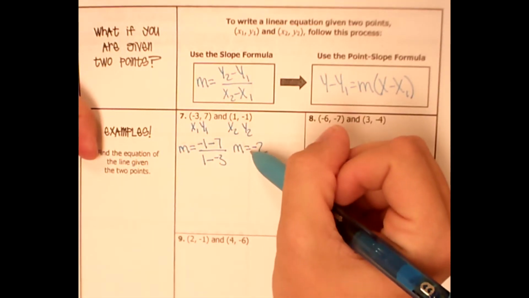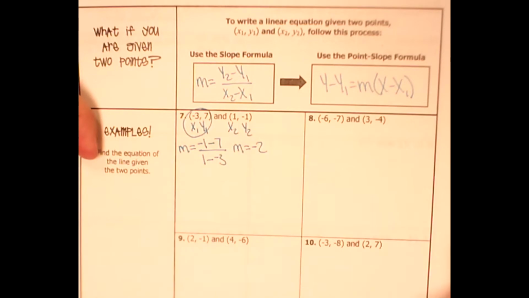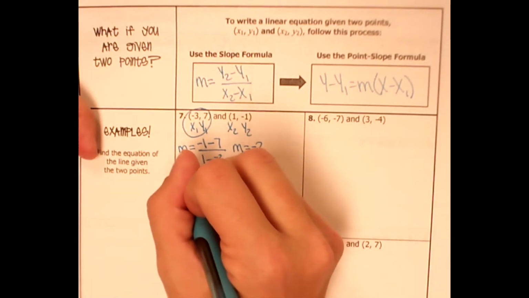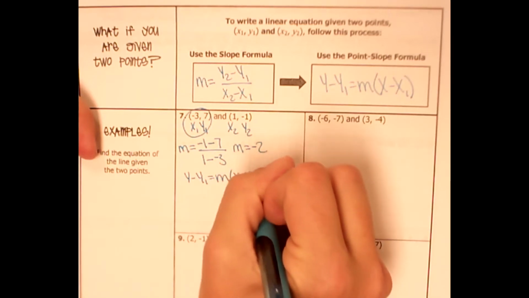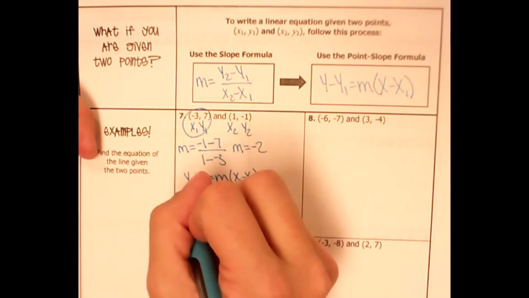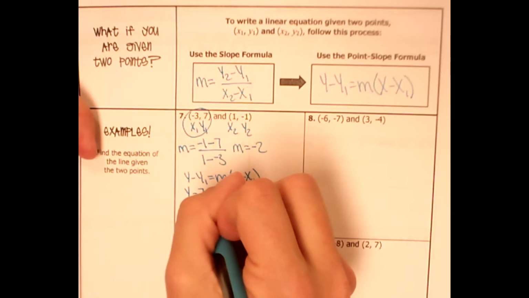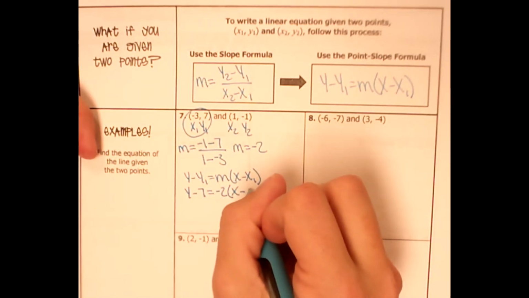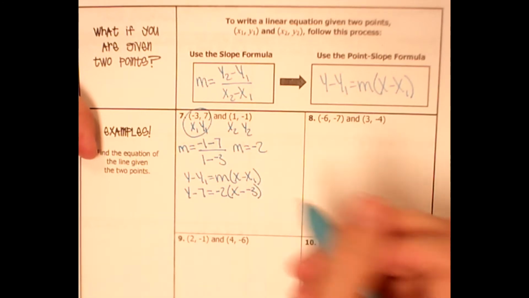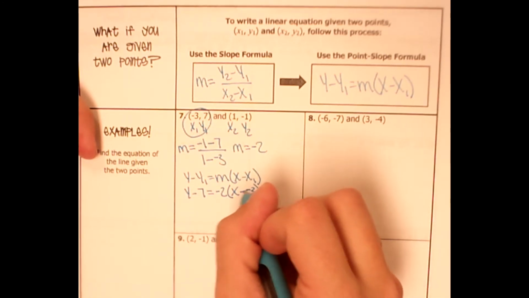So now I have a slope, I have my x1, y1, and I'm going to substitute it into my point slope formula, just like we practiced on the front. So y minus y1, which is 7, m is negative 2, x minus x1 is negative 3. Minus a negative turns into a plus.